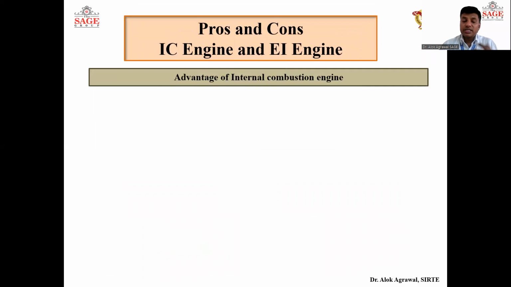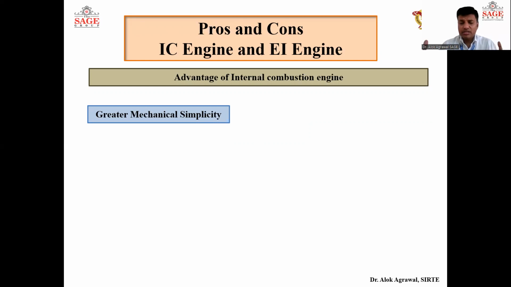Now, the advantages and disadvantages of internal combustion engine and external combustion engine. So what are the advantages of internal combustion engine? Internal combustion engine has greater mechanical simplicity because components are not as heavy as in the case of external combustion engine, where boilers, condenser, pump, a lot of things are required.